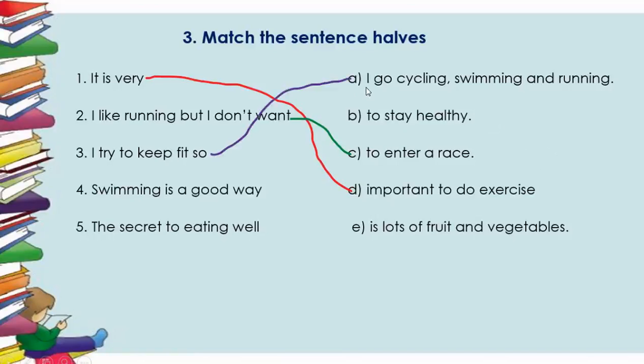A, letter A. I go cycling, swimming, and running. Excellent. Number 4. Swimming is a good way... Only B and E. What do you think is correct? Very good. To stay healthy. And finally, the secret to eating well is a lot of fruits and vegetables.